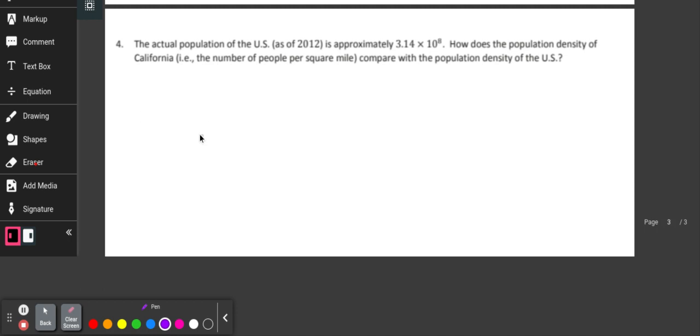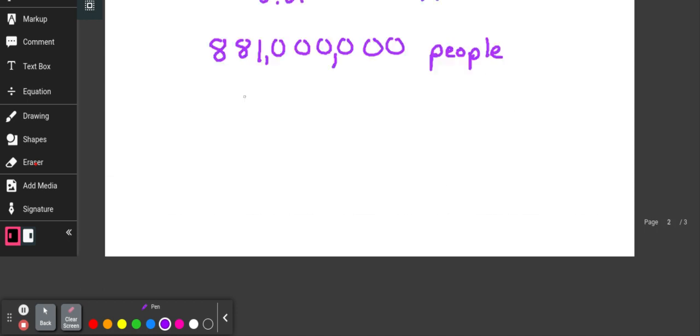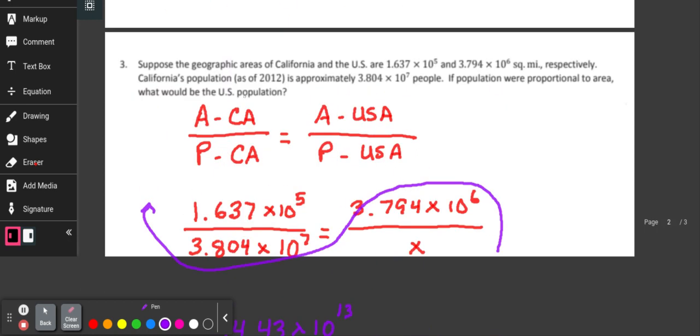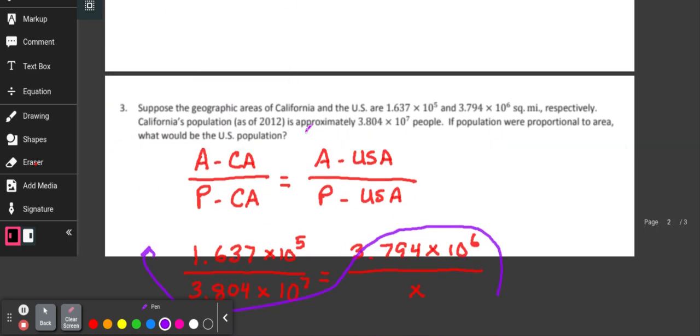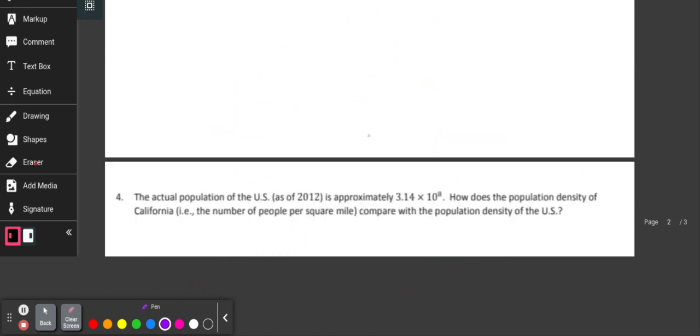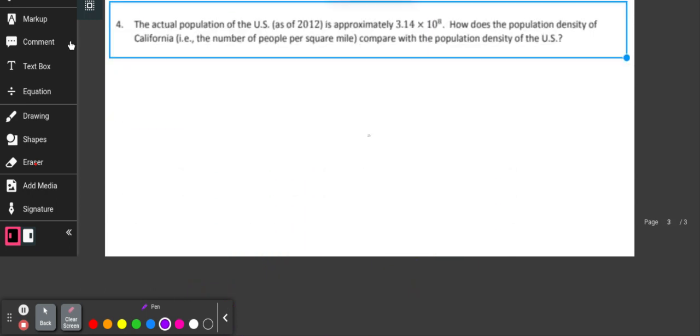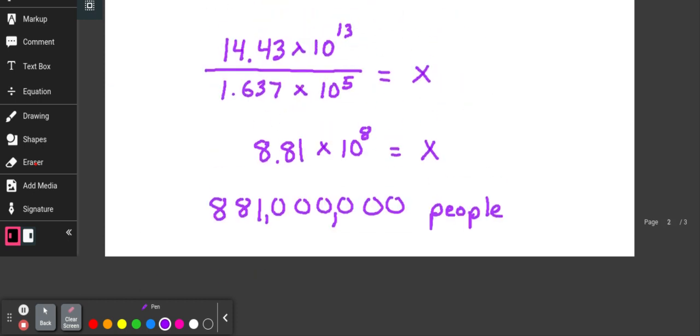All right, so what this means is we have to take the number of people per square mile. So number of people in California, we're going to take that population. The population of California is 3.804 times 10 to the 7th. So we're going to set this up as 3.804 times 10 to the 7th people, and we're going to divide that by its square area.